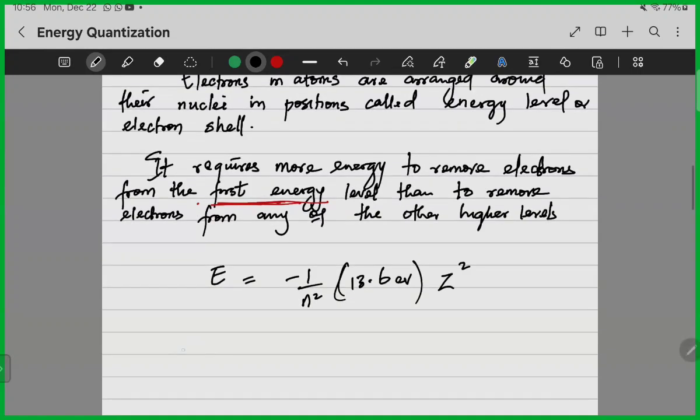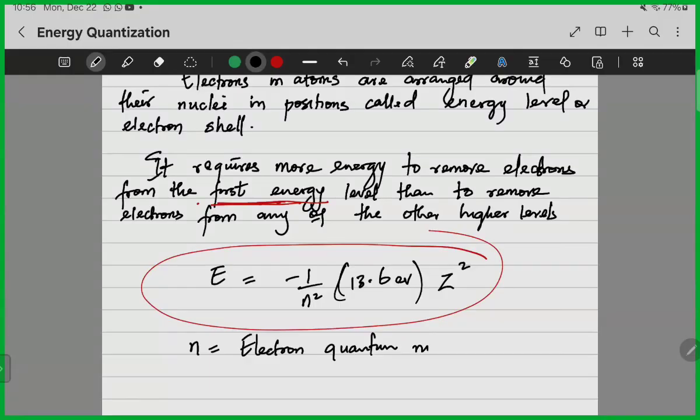So n is the electron quantum number, E is energy, and the constant is 13.6 in electron volts. Let me write eV to mean electron volts.